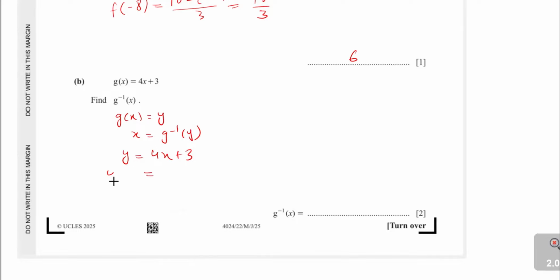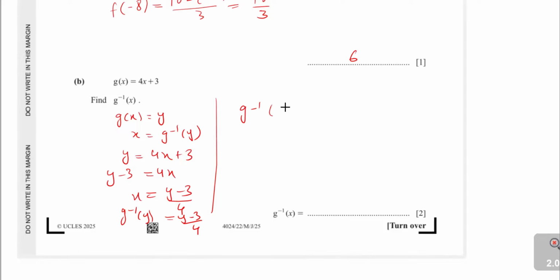We can write y minus 3 equal to 4x, x equal to y minus 3 over 4, and this x here is g inverse of y. Therefore, we write g inverse of y equal to y minus 3 over 4.